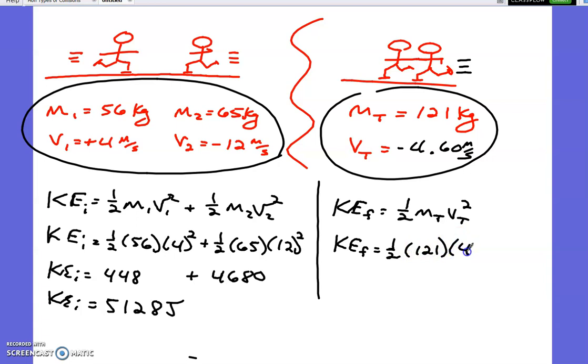Our speed is 4.60. Again, I know it's a negative, but the negative is not necessary since it is a speed. We get the final kinetic energy to be 1,280 joules.